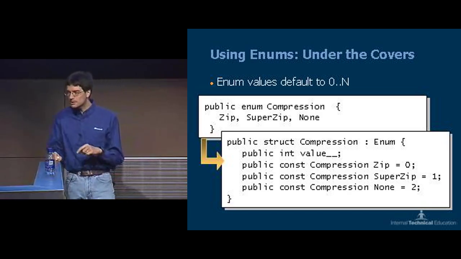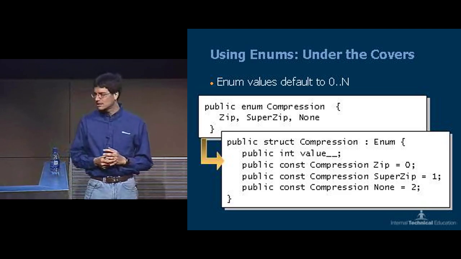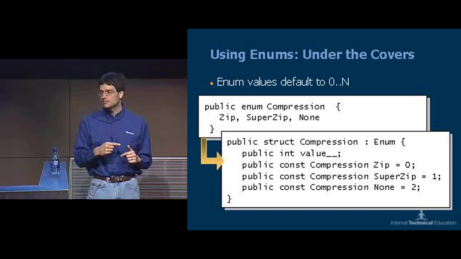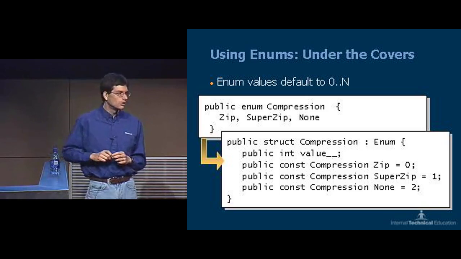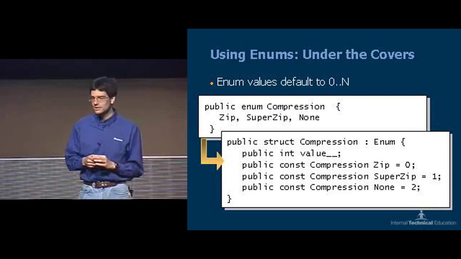Because if you've already shipped it, and you alphabetize this code, you'll change the order to None, SuperZip, Zip. The next time you recompile it, it'll change the values of those variables, and that'll be a breaking change. A very hard one to find out.